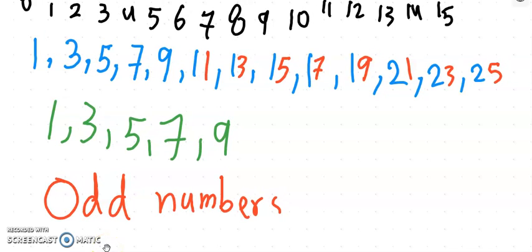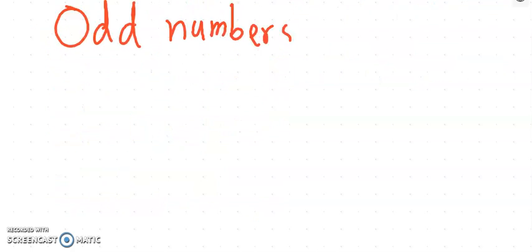Now if I were to give you any number and ask you, is this number odd or even, what are you going to say? For example, I gave you the number 205. Is this one even or odd?